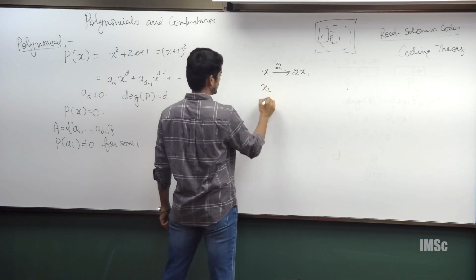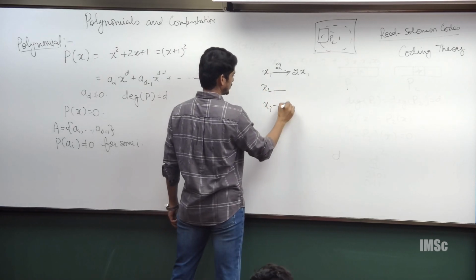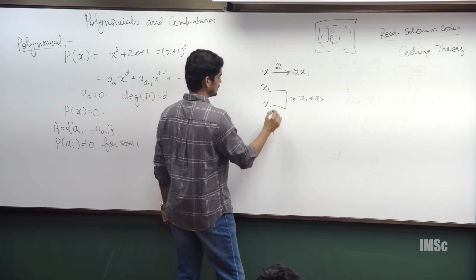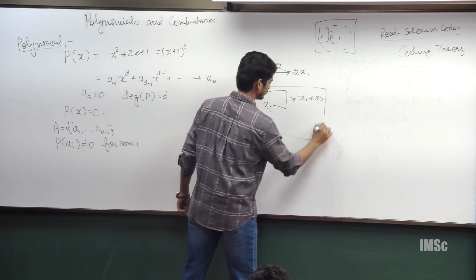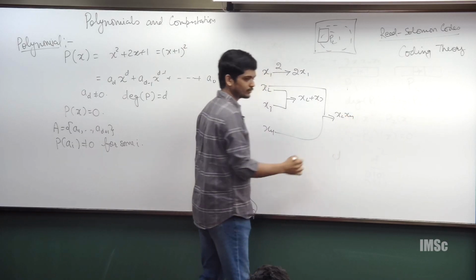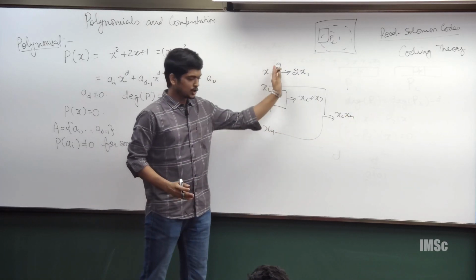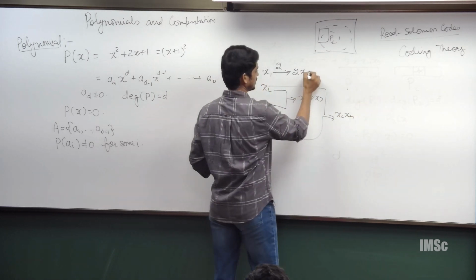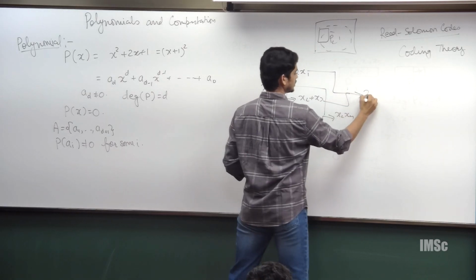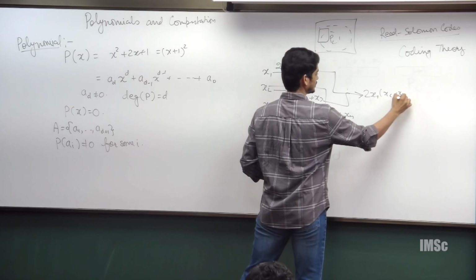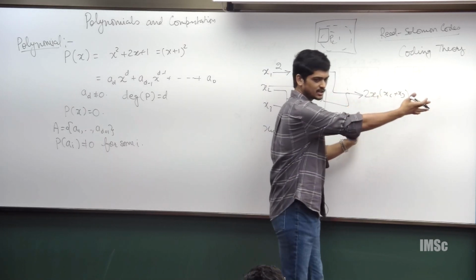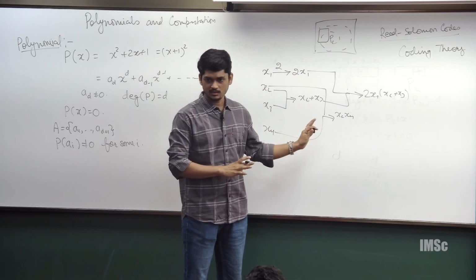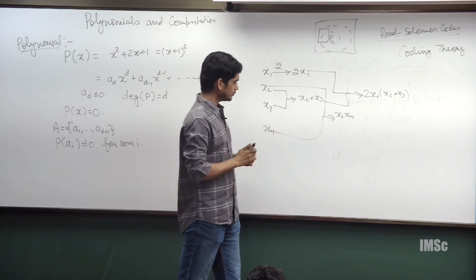Let's say you start with two other variables x2, x3, you are allowed to add them up, you get x2 plus x3. You have another variable x4, and you are also allowed to multiply them, so you get x2 times x4. And not only this, you can use all of these intermediate steps that you achieved again. So you can multiply these two out, get 2x1 times (x2 plus x3), and let's say you do some other steps, and you will finally end up with a polynomial. Is that clear? So you will end up with a polynomial.